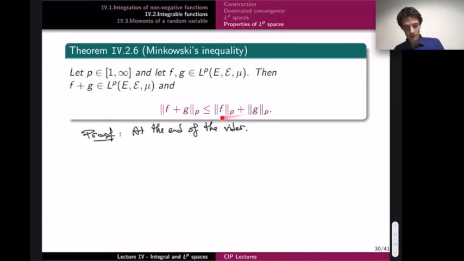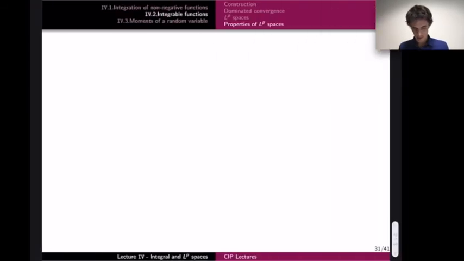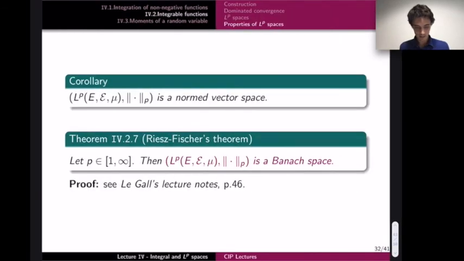So remember that the proof follows, it's a consequence of Hölder's inequality. And the immediate consequence of that is this space, which we already know to be a vector space, is actually a normed vector space. Okay, this object is a norm, so that's very nice now to be able to work in normed vector spaces.